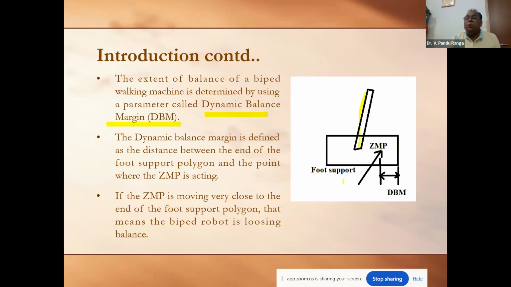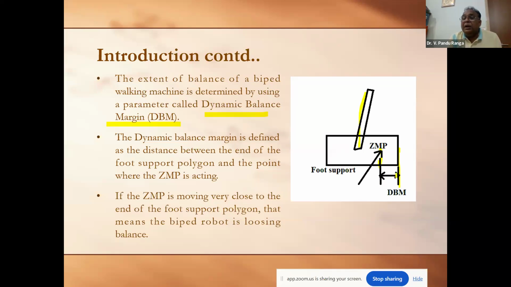Once you know the zero moment point, the point about which all the moments generated by various links of the robot are zero, the dynamic balance margin is the distance between the point where ZMP is acting, this one, and the end of the foot support polygon.